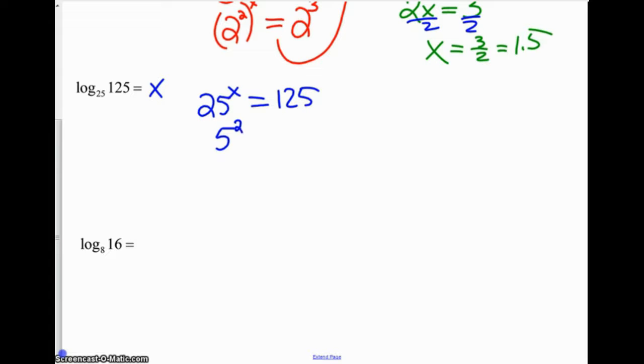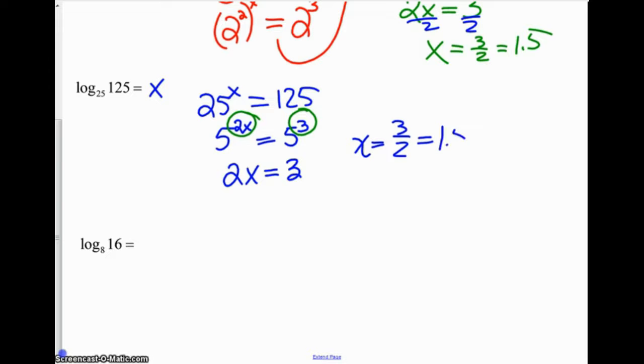This is 5 squared, and I'm just going to make it 5 to the 2x, because it was 5 squared and then taken to the x power. 125 is 5 to the third power. So now, again, my bases match, which means my exponents must be equal. 2x must equal 3. Therefore, my x must equal, again, it just happens to be 3 halves, or 1.5.